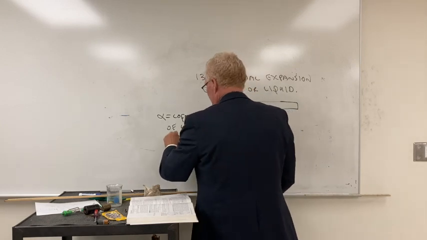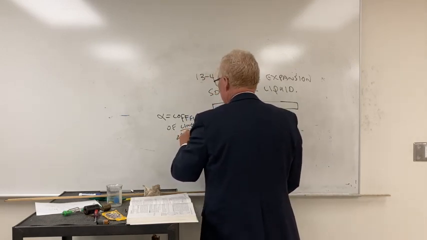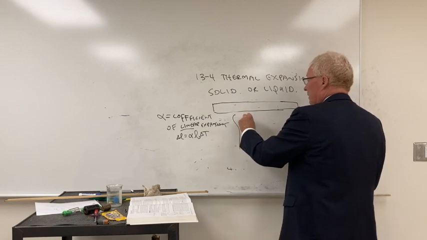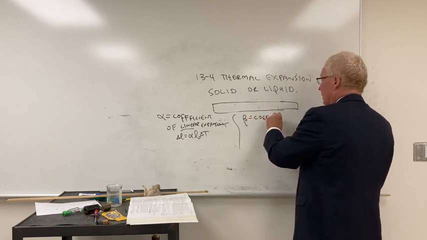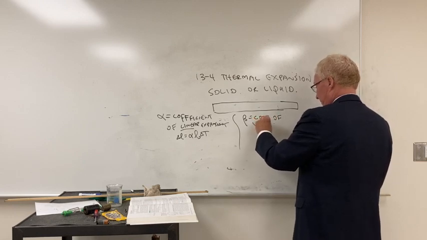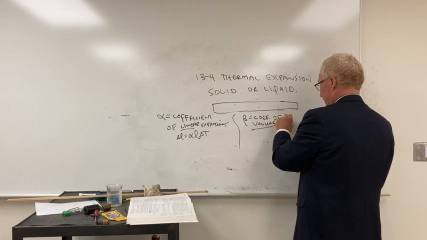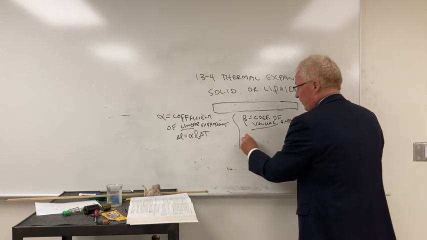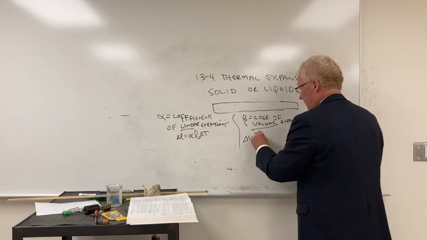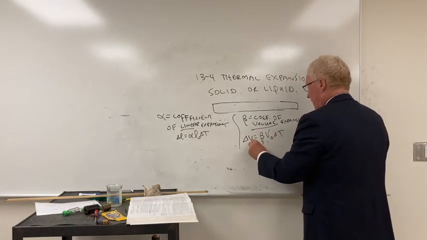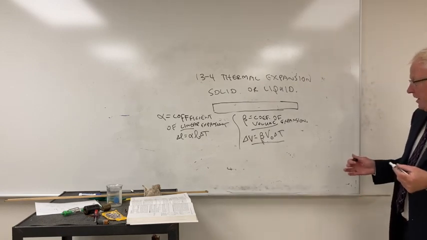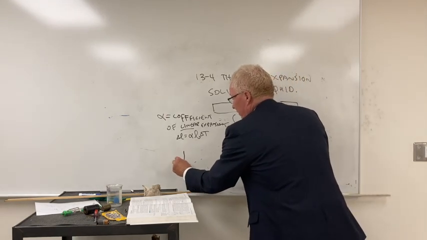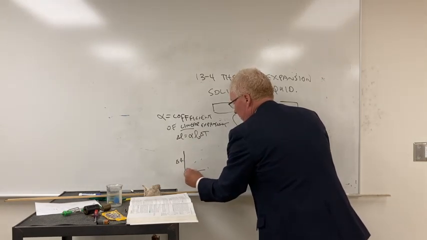This delta L is alpha L naught delta T. For beta, the coefficient of volume expansion, we have delta V is beta times V naught times delta T. And what we see here is that in both cases, the change in length is proportional to the temperature.